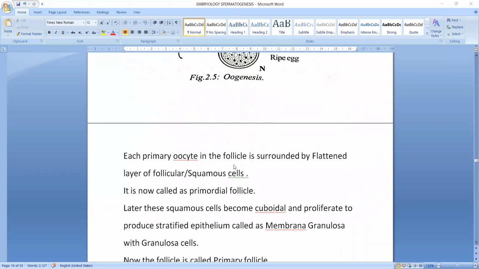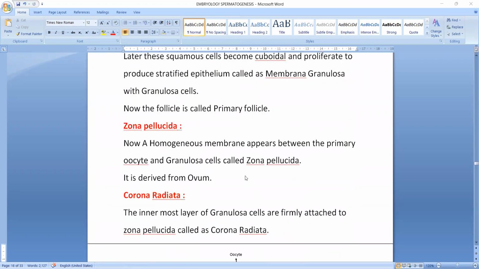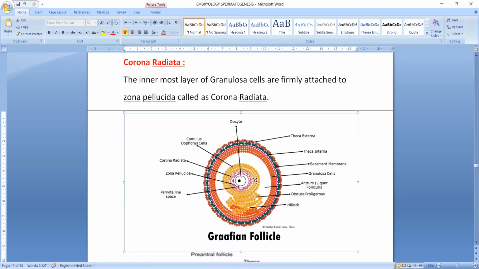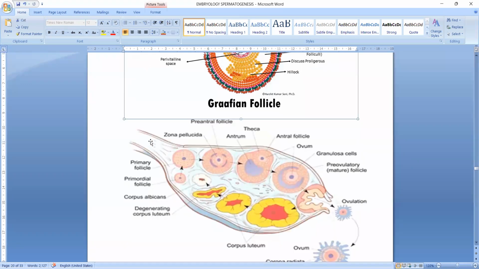First of all, we should see the structure of a normal follicle. See, this is an ovary. These are different stages, the developing follicles at different stages: primary, secondary, and so on.